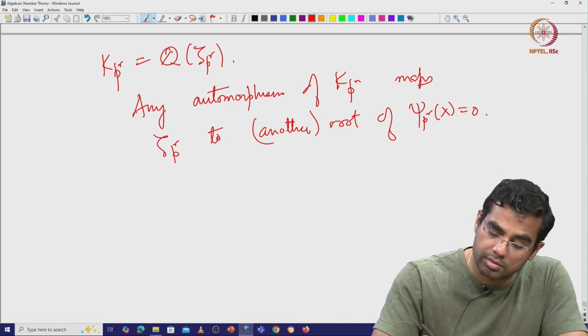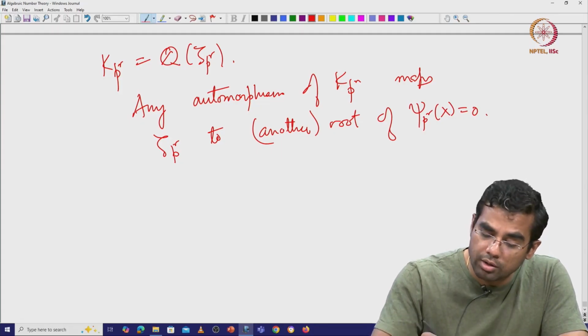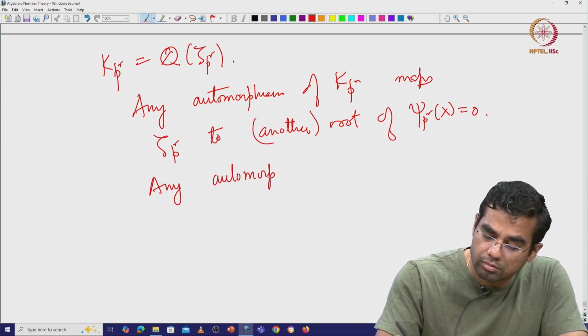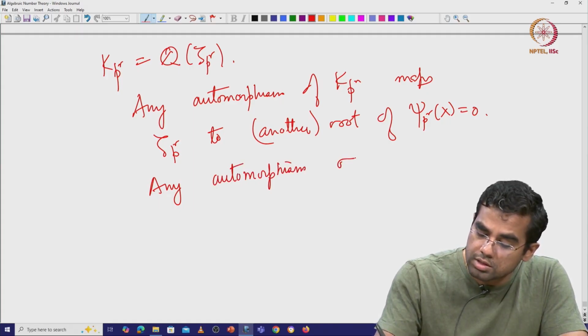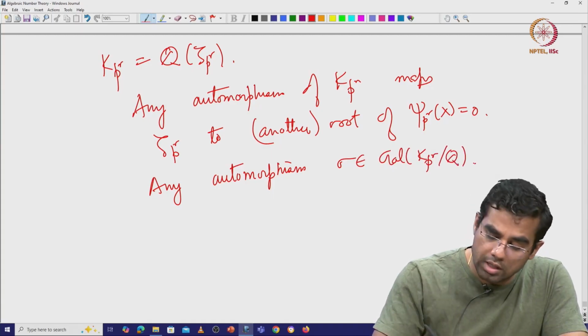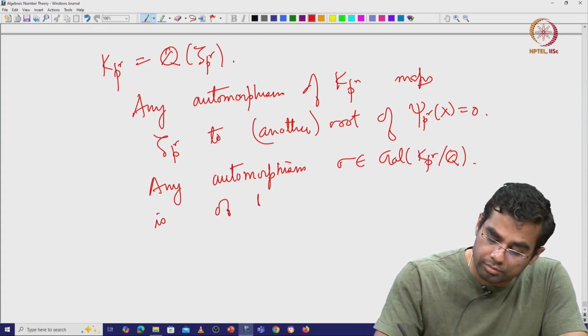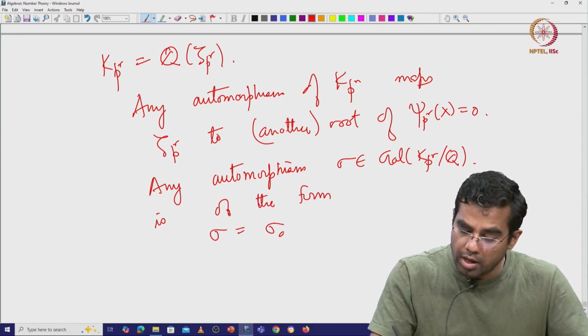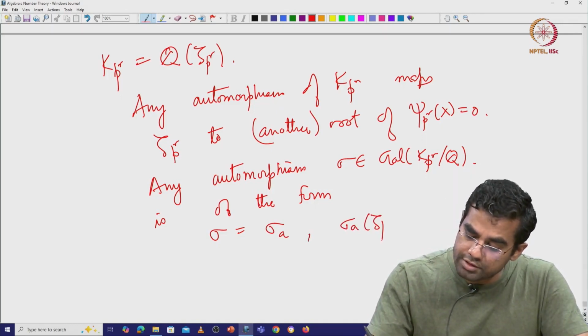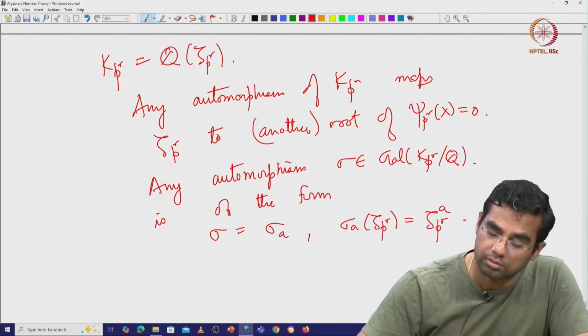I am not right now using that it is an irreducible polynomial. So, any automorphism sigma in the Galois group of K p to the r over Q is of the form sigma a, where sigma a of zeta p to the r is zeta p to the r to the power a.